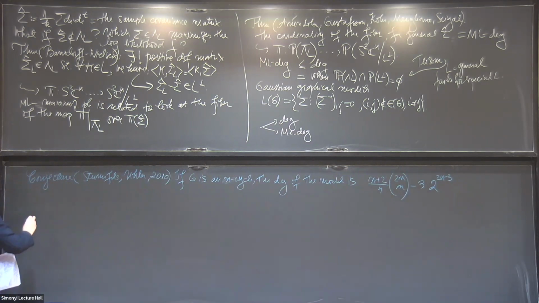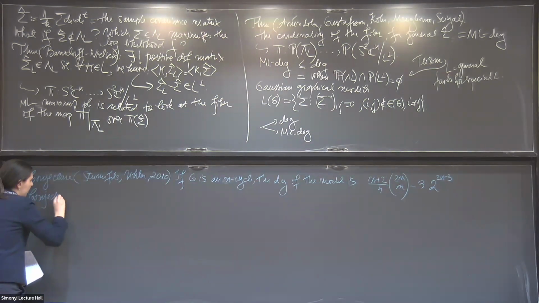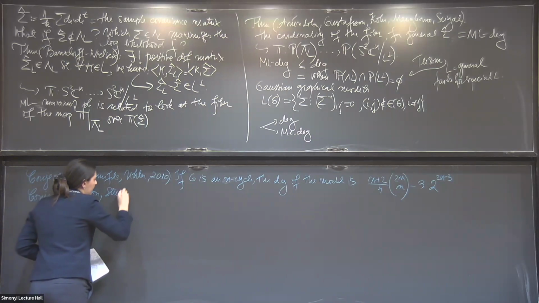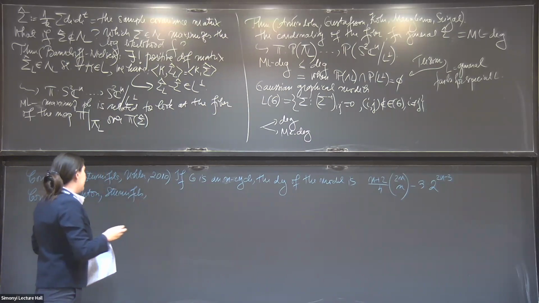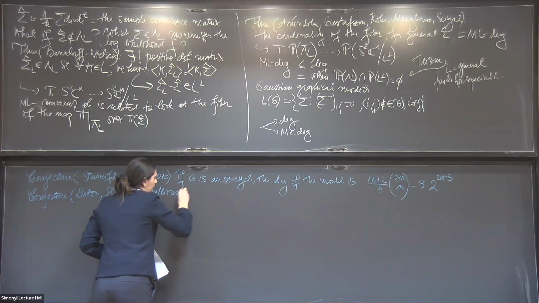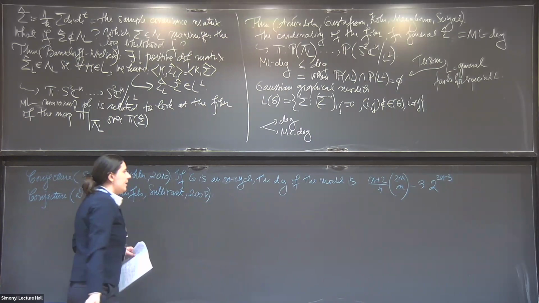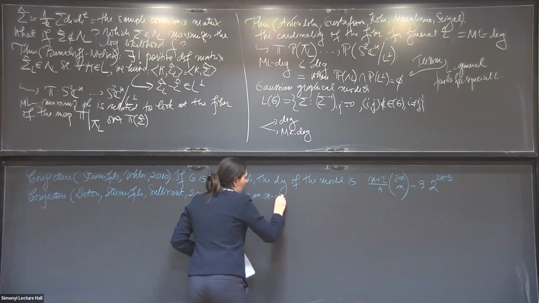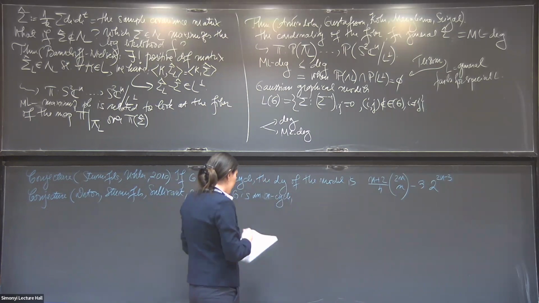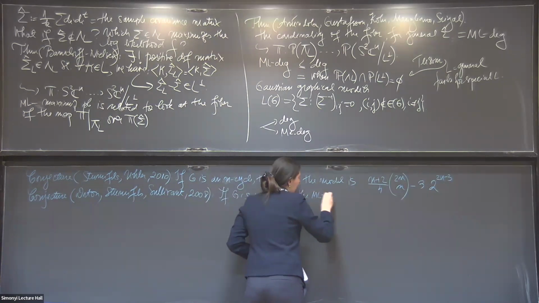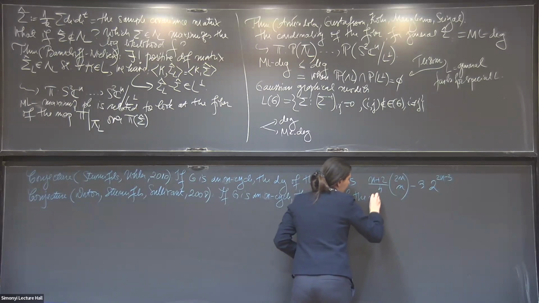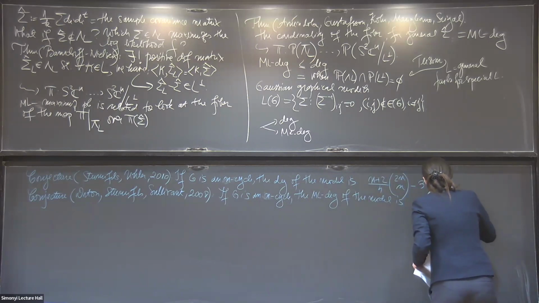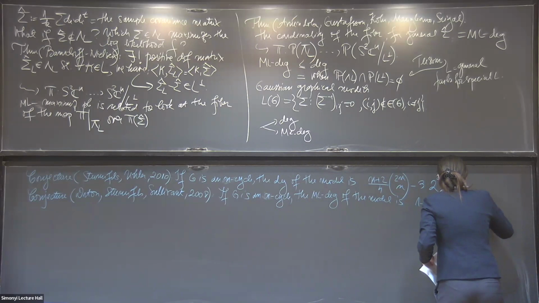Another conjecture is due to Drton, Sturmfels and Sullivant from 2008, saying that for the same kind of graph, the ML degree of the model is equal to 1 plus (n minus 3) times 2 to the n minus 2.